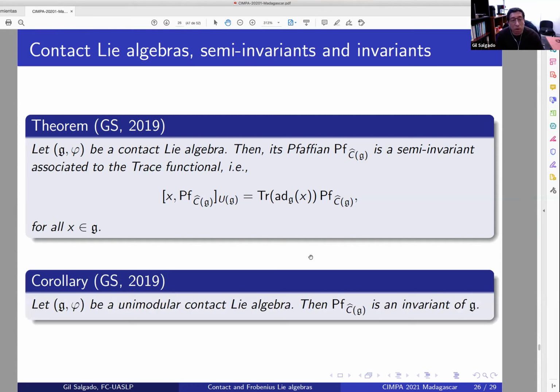And the good news here is that there are unimodular contact Lie algebras. So in this case, the Pfaffian associated to a contact Lie algebra is now an invariant of the Lie algebra.